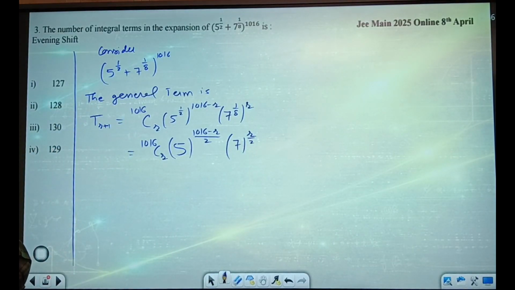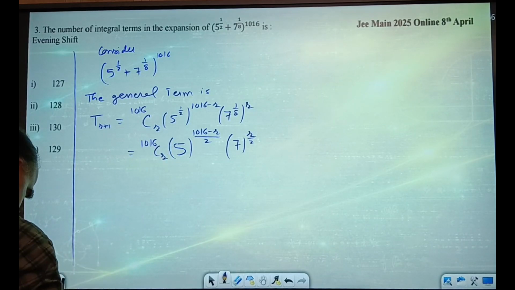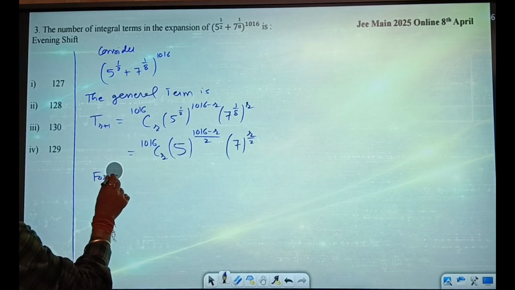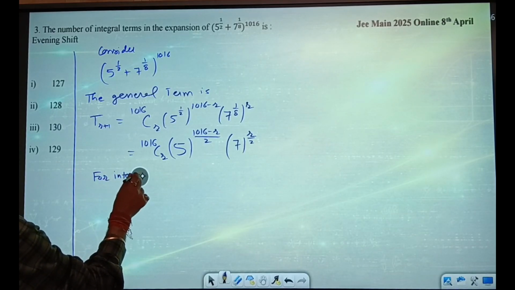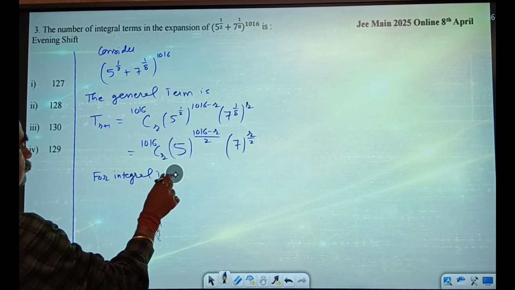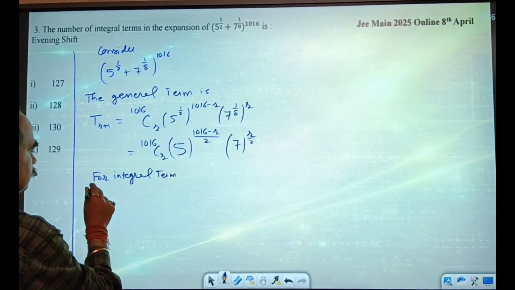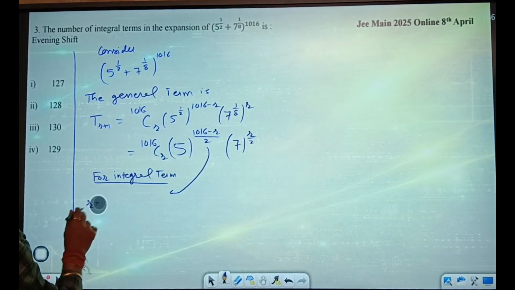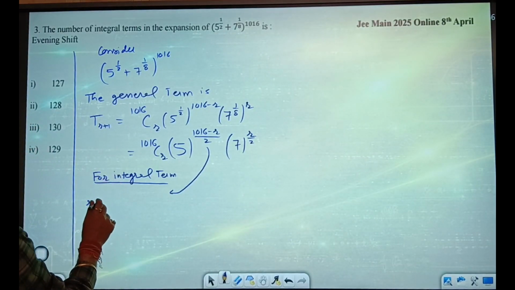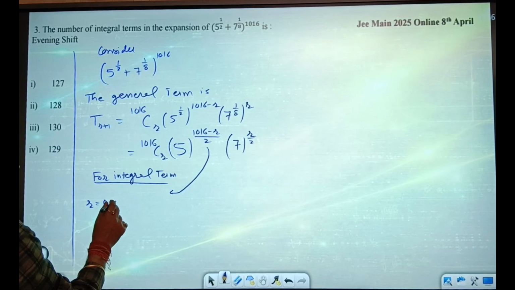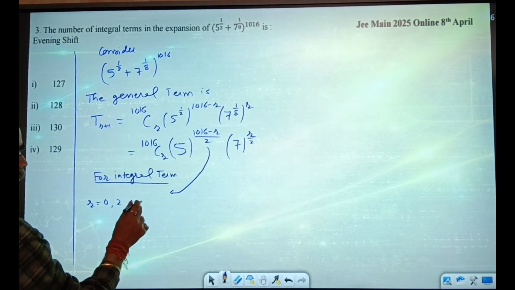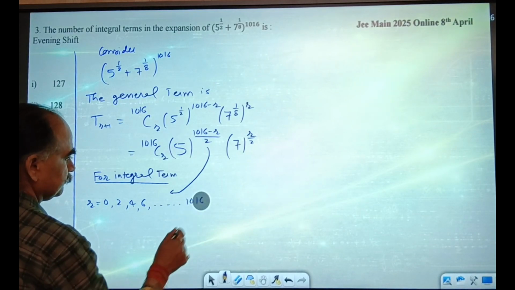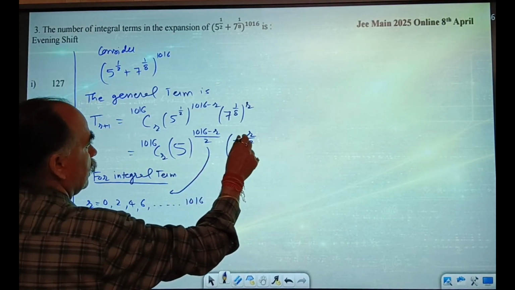For an integral term, from here, (1016 − R)/2 must be an integer, so R is equal to 0, 2, 4, 6 and so on up to 1016.